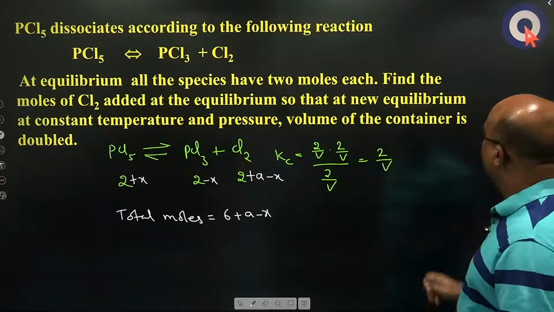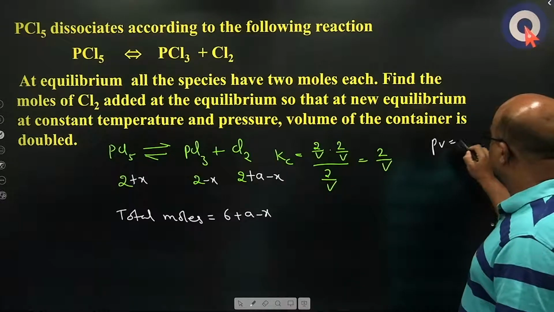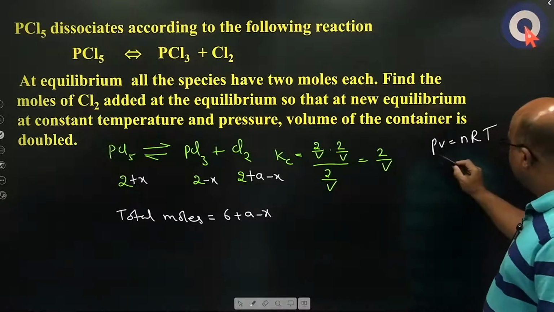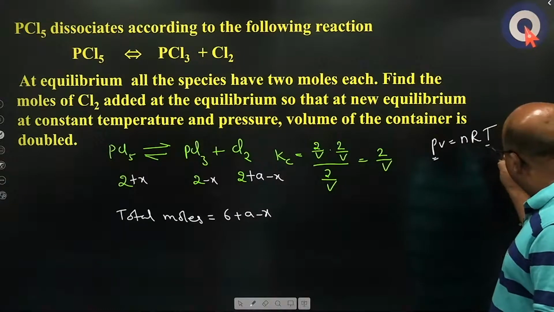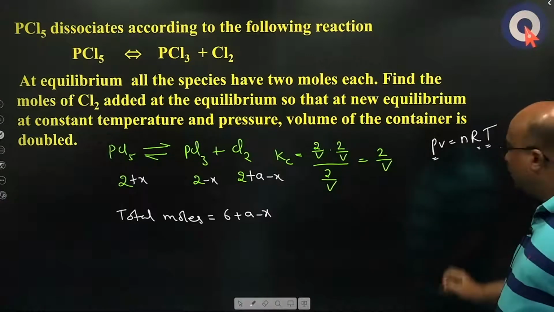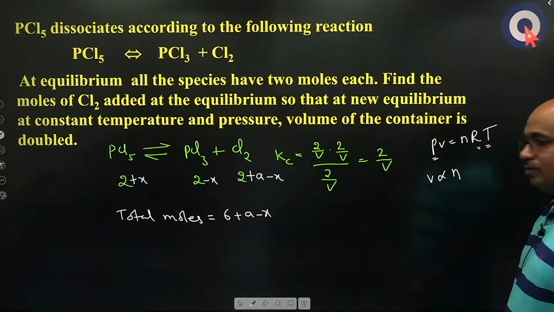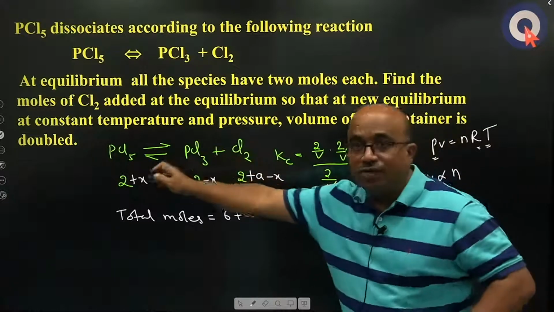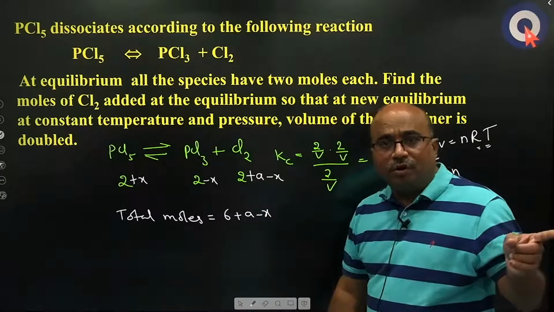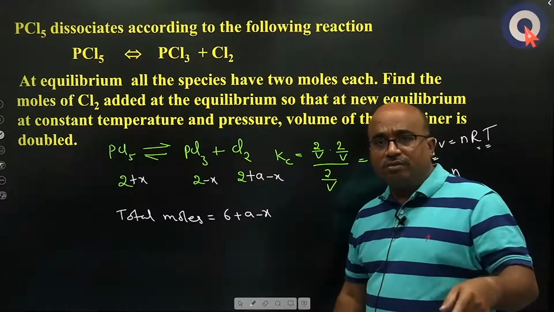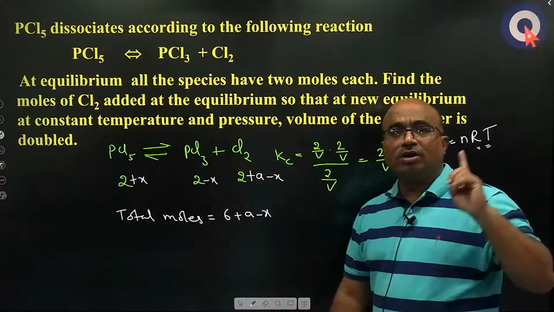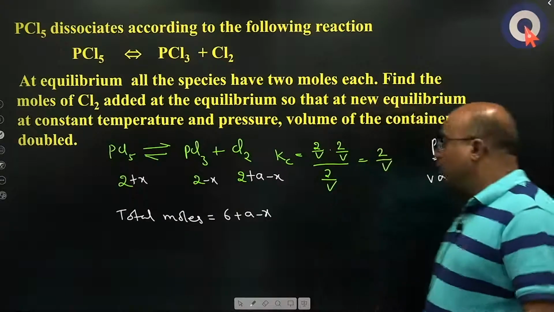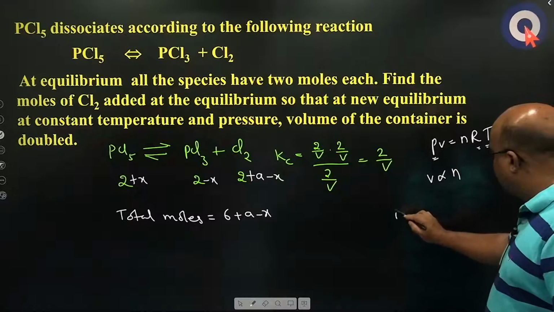What we use is the ideal gas equation, the equation of state, PV equals nRT. Pressure and temperature are anyhow constant, so volume is directly proportional to moles. When there are initially 2 moles of each, we had a volume of V. Now when the volume becomes double, the total number of moles should also become double.